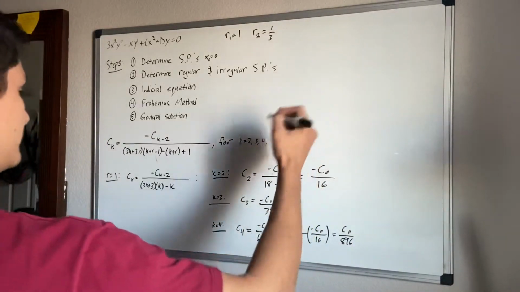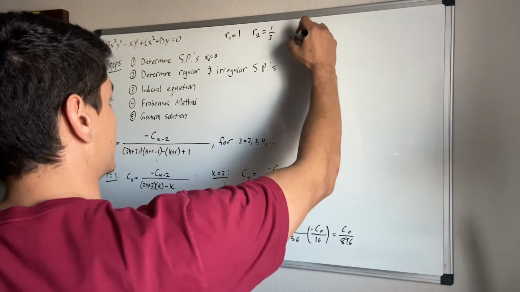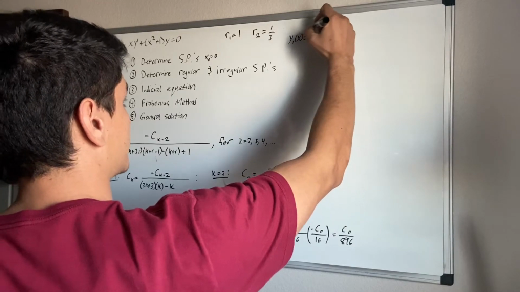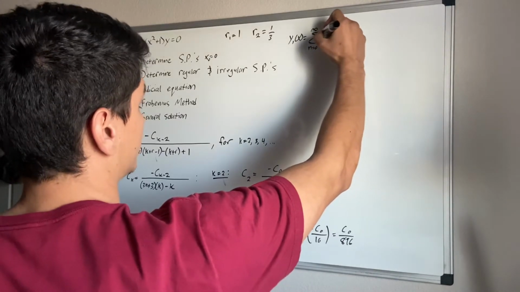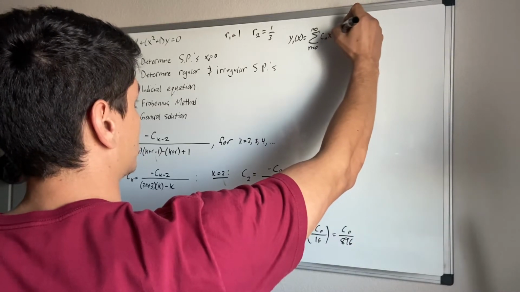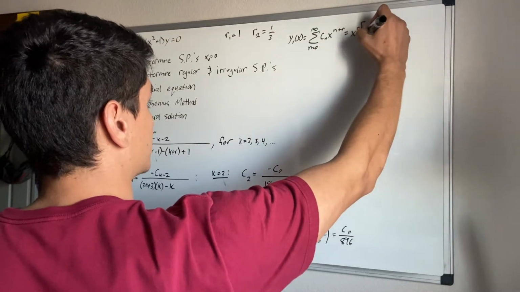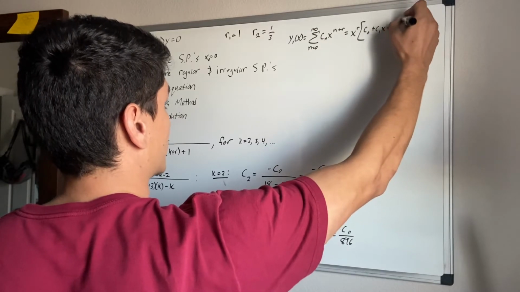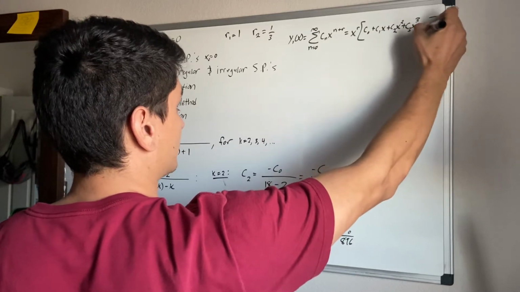So we have then that y sub 1 of x is equal to the infinite sum as n goes from 0 to infinity, c sub n times x to the n plus r equals x to the r times c sub 0 plus c1x plus c2x squared plus c3x cubed plus dot dot dot.